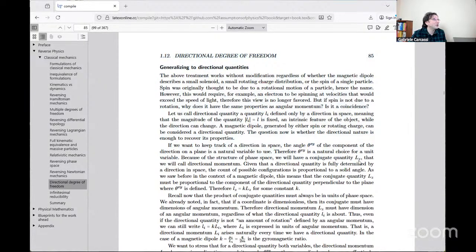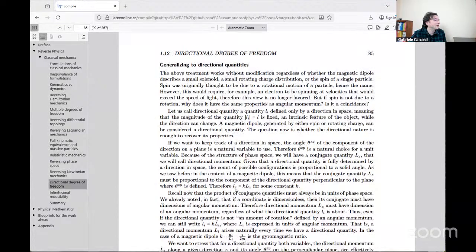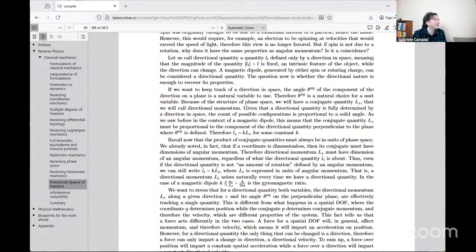And so whenever you have your original quantity little l, you can always find a constant that allows you to go from one quantity to the other, because this has to be proportional. And for example, in the case of the magnetic dipole, you find that k is actually a physical quantity, the gyromagnetic ratio, right?